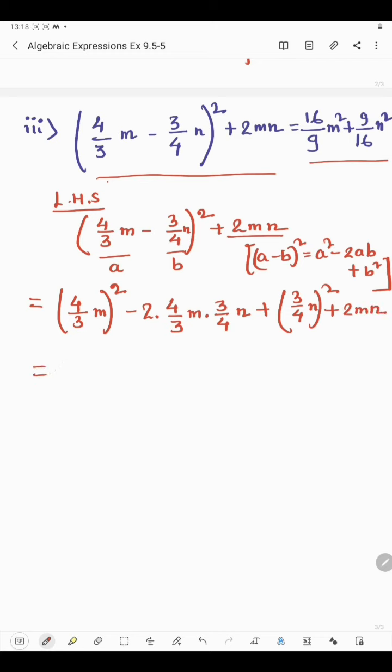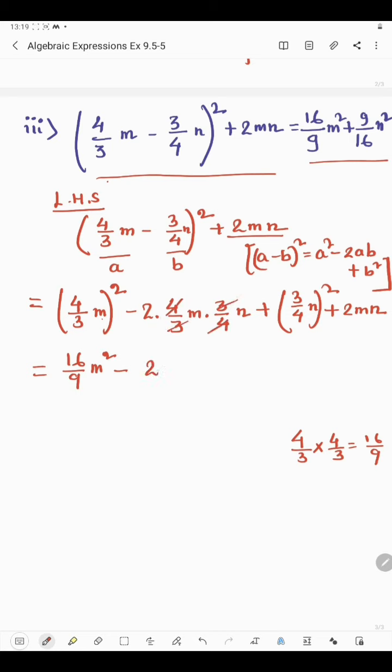Now (4 by 3m) whole square. So 4 by 3 into 4 by 3. It's 4 fours are 16 and 3 threes are 9. So it's 16 by 9. Now m square means m into m. Minus, now if you multiply the coefficients, 2 into 4 by 3 into 3 by 4, 3 and 3 cancel, 4 and 4 cancel.